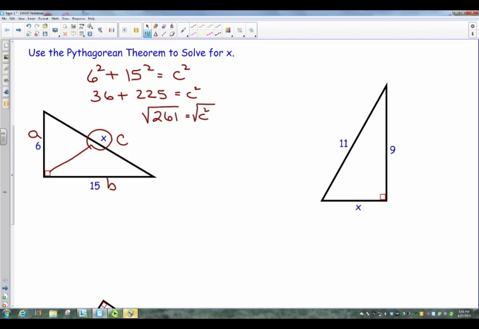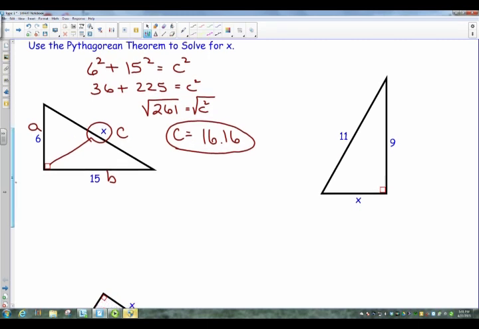So you take the square root of 261, that gives you c is 16.16 if we round to the hundredths place, and there's your solution. Now the thing to remember is when you take a square root, you do get two solutions. You get a positive and a negative, but because this is the length of a triangle, it can't be negative, so 16.16 would be your final answer, and there you go.